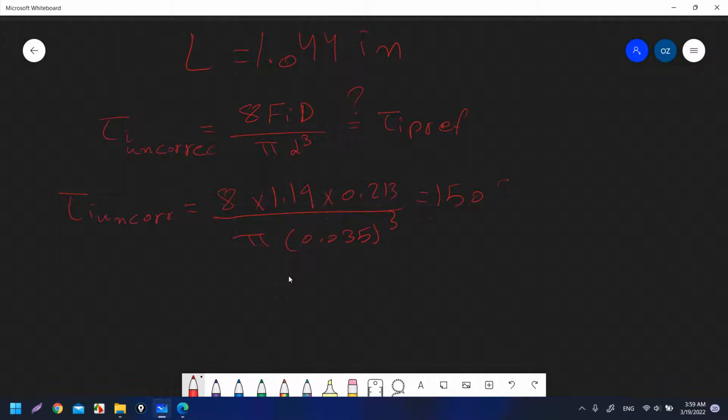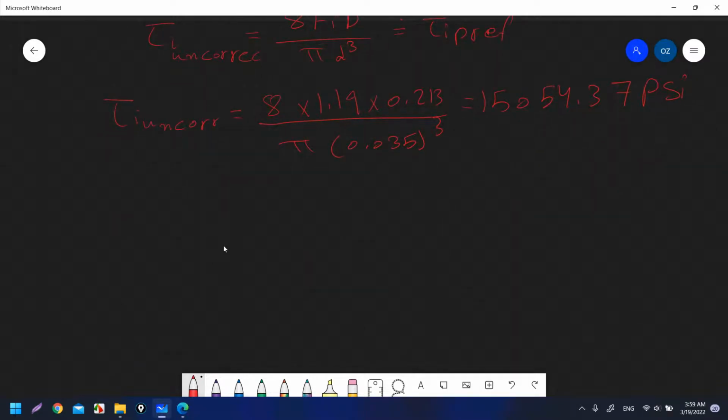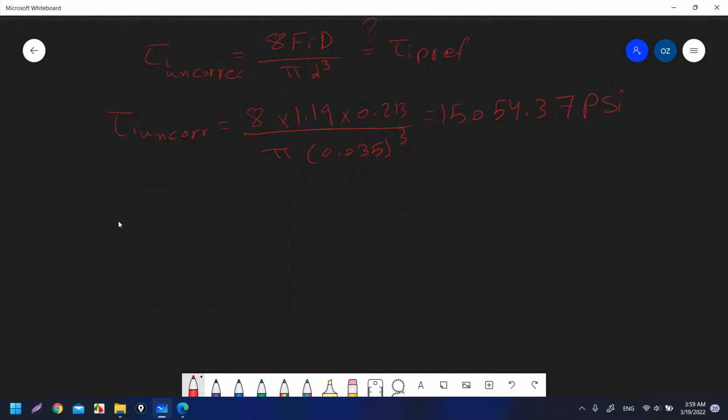So 15054.37 pounds per square inch. Now let's check if it is between the values in the equation above or not. To write this equation, you will have an exponent e power 0.105c in the denominator, and in the numerator you will have 33500.